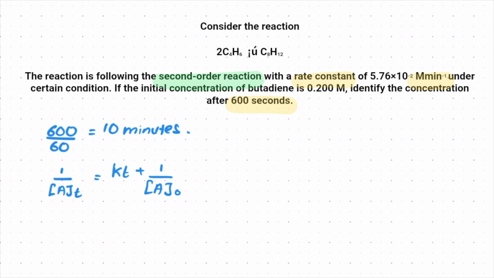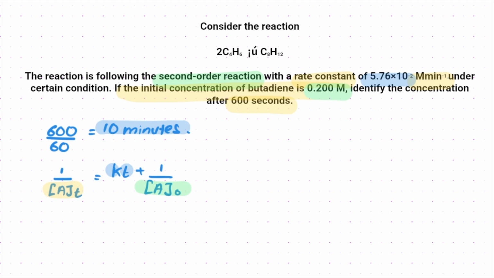Right, so what is the At and what is the A naught? Because it states here the initial concentration is 0.2, your A naught is 0.2. So identify the concentration after 600 seconds. You were asked to calculate what is At. K is given to you in the question, so you already have the value of K, and it is 10 minutes, so you already have the value of t.